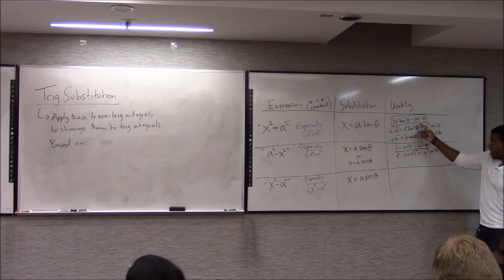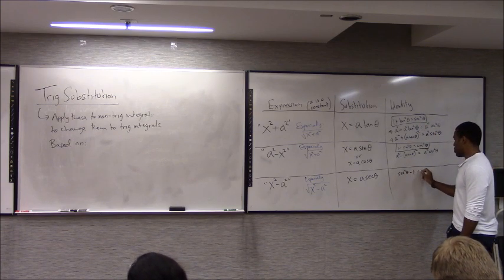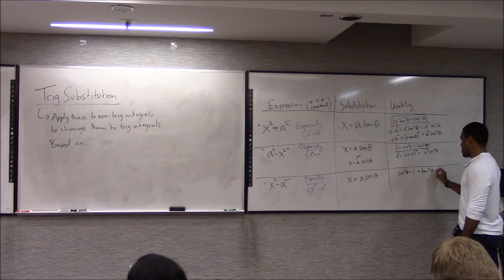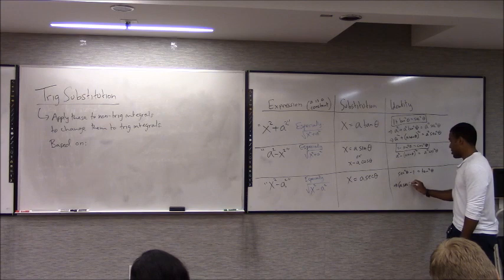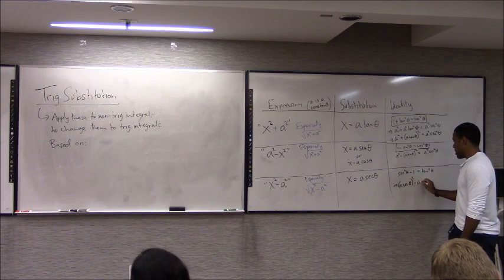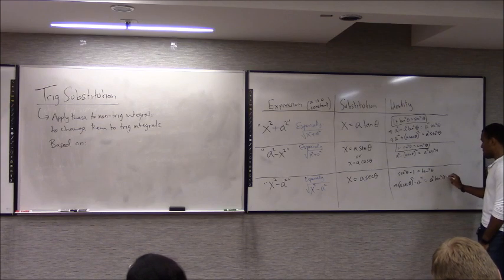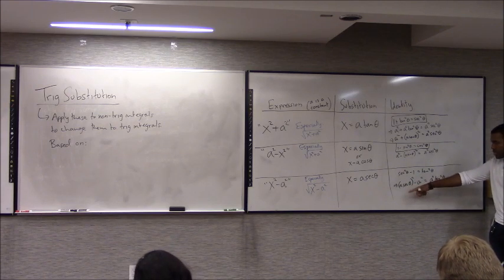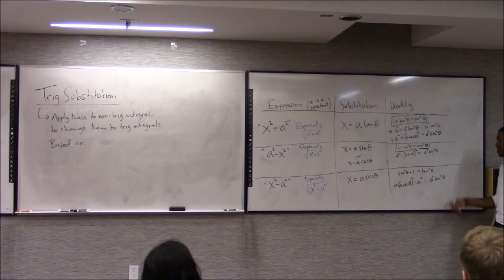It's again because we're looking at the fact that secant squared theta minus 1 equals tangent squared theta. So if we have a secant theta all squared minus a squared, this would collapse into a squared tangent squared theta. Because again, we make this a squared secant squared, factor out the a squared, you'd end up with secant squared minus 1, change that to tangent squared, and you get this.